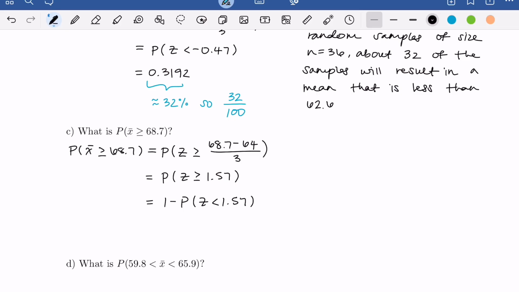Just like we saw in the last several examples, looking at table 5, the area corresponding to this z-score is 0.9418. So we get that this probability is 0.0582. So this means if we take 100 simple random samples with this information, then about 6 of the samples will result in a mean that is greater than or equal to 68.7.